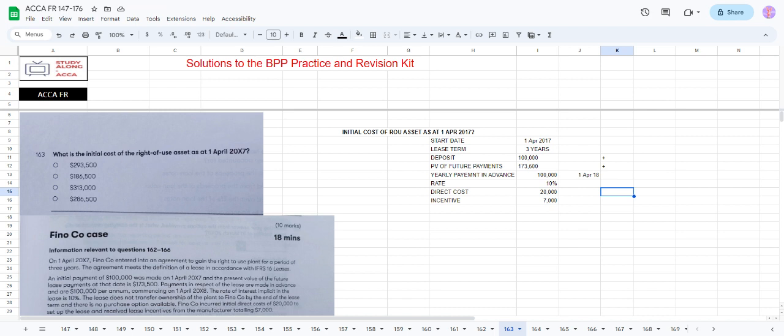Direct cost is also a positive adjustment to arrive at the initial cost of ROU asset. And the incentive is a negative adjustment because it will reduce the lease liability. So we will take this deposit, the present value of future payments, and the direct cost, and we will deduct the incentives. Our answer will be 286,500. The fourth option should be the answer.